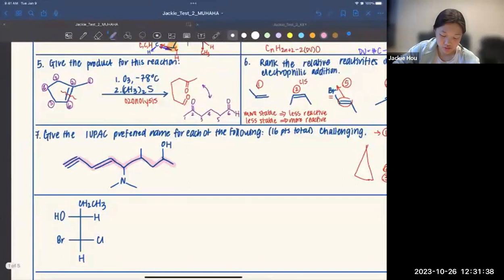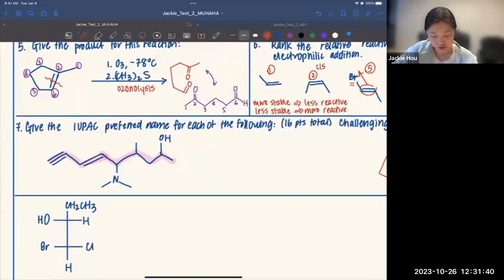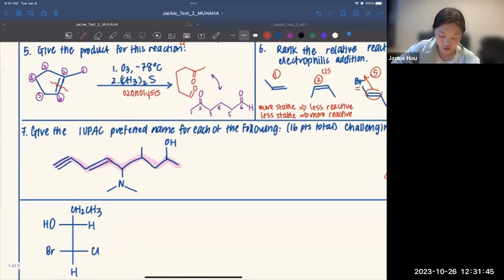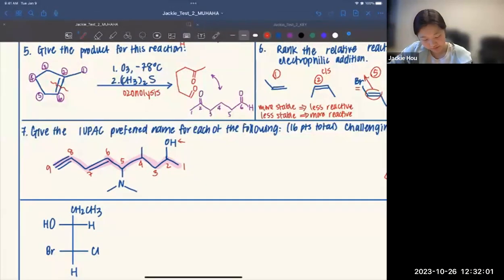Okay, so now I want to start numbering. I want to start on the end of my highest functional group. And because I have an OH over here, which is closest to my right side end, I'm going to start numbering this way. Right.